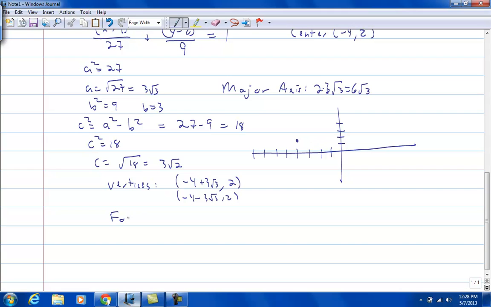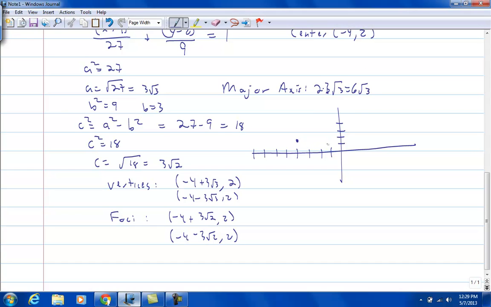And our foci are going to be negative 4 plus 3 root 2, comma 2, and negative 4 minus 3 root 2, comma 2. So let's see, 3 root 3 is going to be a little over 5 because the square root of 27 is a little more than 5.